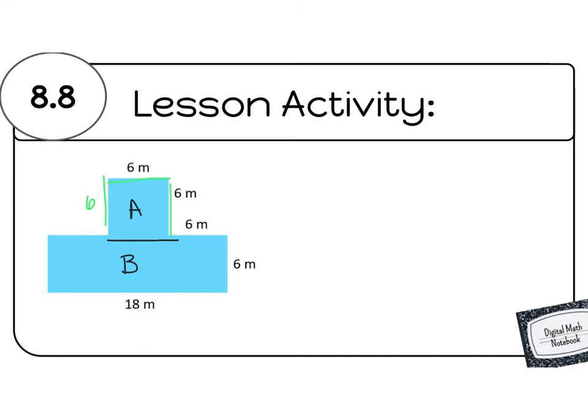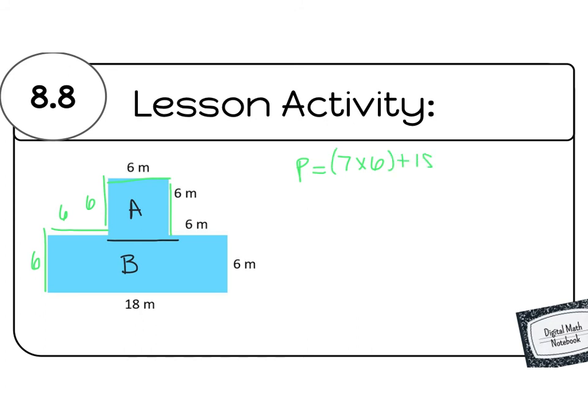Now I know this side is going to be 6 because this side over here is 6. And then this side over here is going to be 6. Oh my goodness, look at all these 6s. So let's count up all our 6s. We have 1, 2, 3, 4, 5, 6, 7.